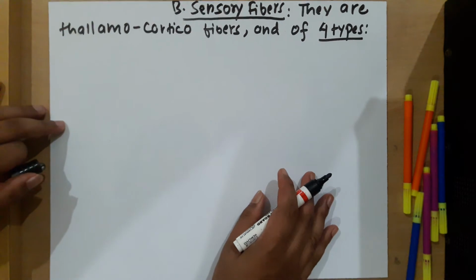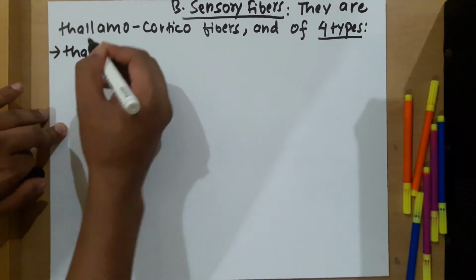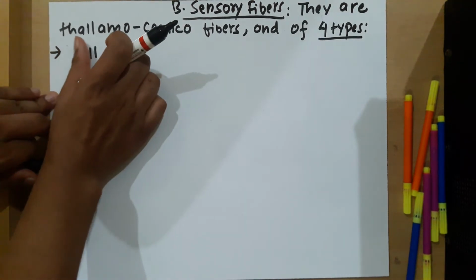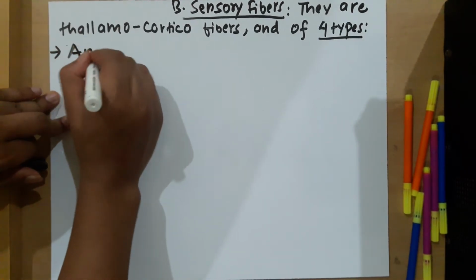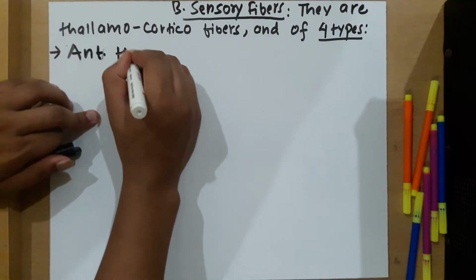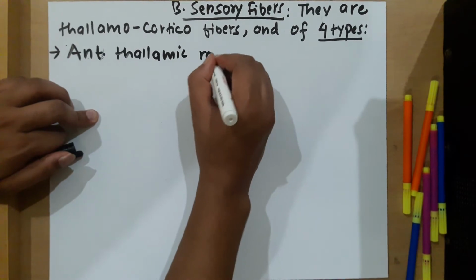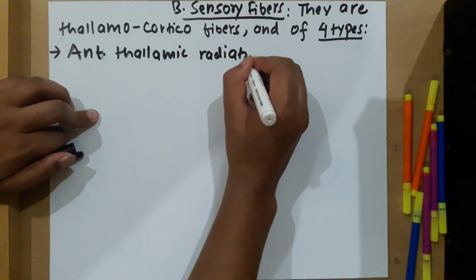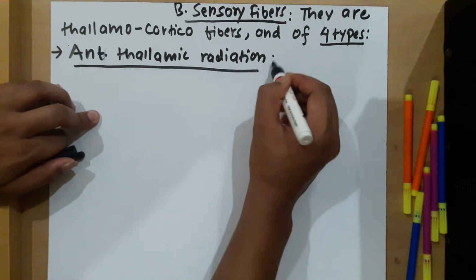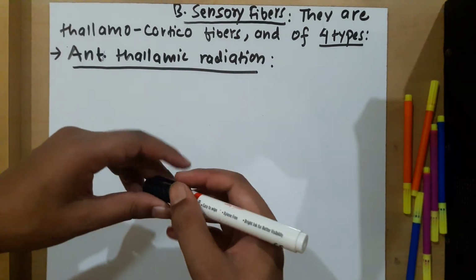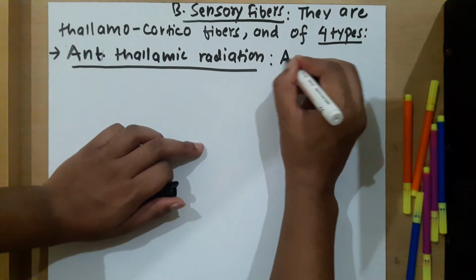First one is the anterior thalamic radiation. The name denotes the location: anterior is present in the anterior limb.